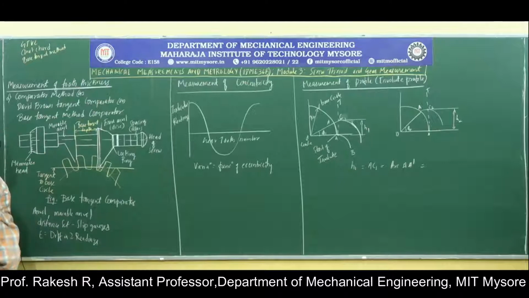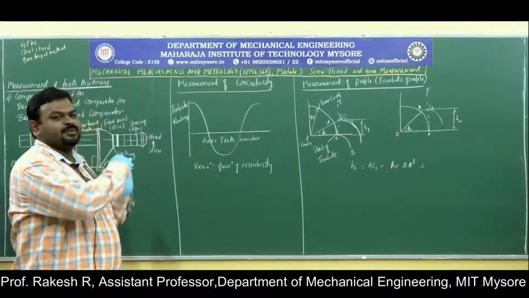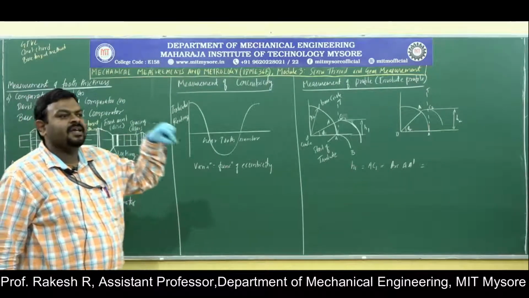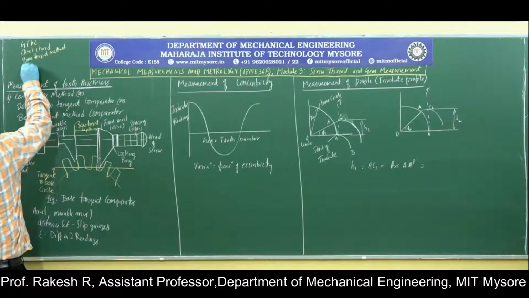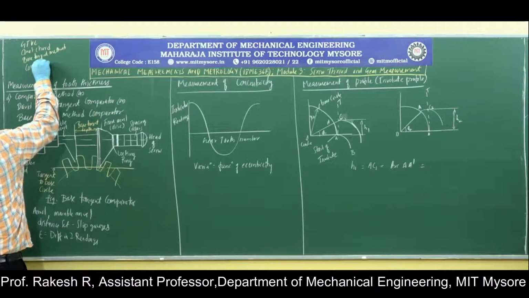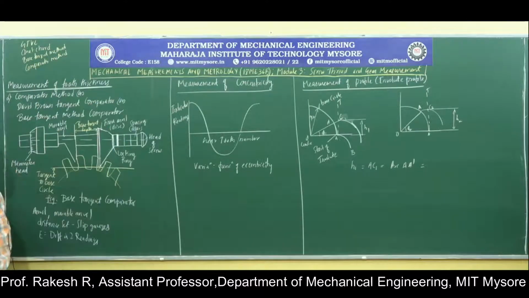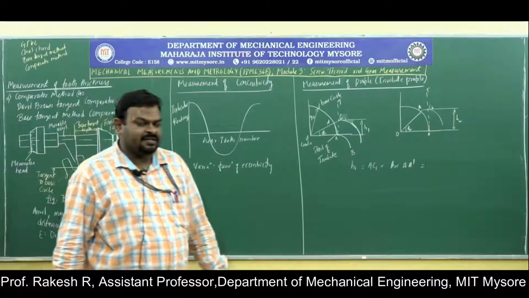Here for the base circle we draw a tangent, and the profile is involute, so that the rest of the profile of the gear can be calculated. Another one is the comparator method. So this is the fourth method of measurement of tooth thickness for a gear.